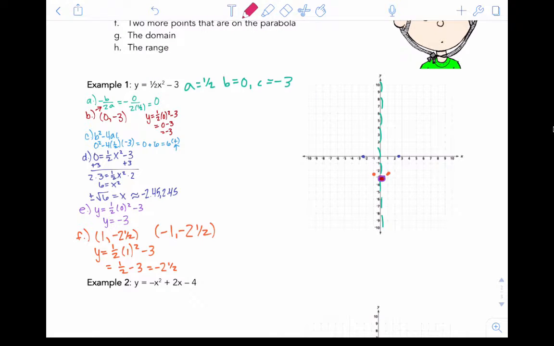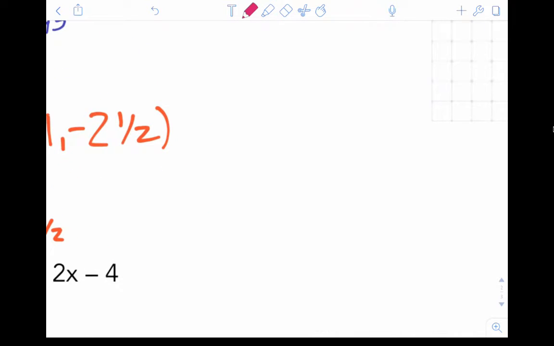So I'm going to be strategic about the number I choose, and I'm going to notice that I have a fraction, and I don't really want to deal with fractions too much, so I'm going to choose an even number for x to plug in. So I'm going to go ahead and choose 4. So I'm going to figure out what y equals when x equals 4.